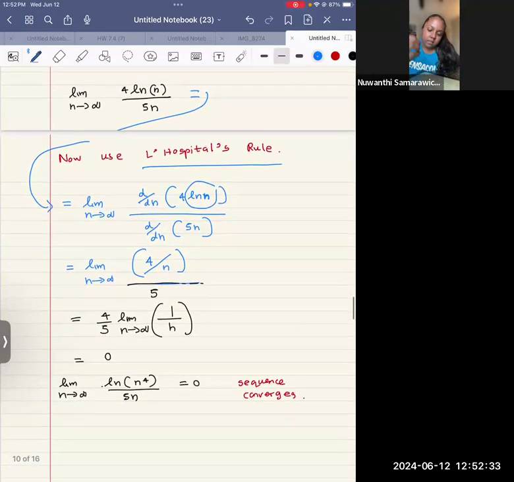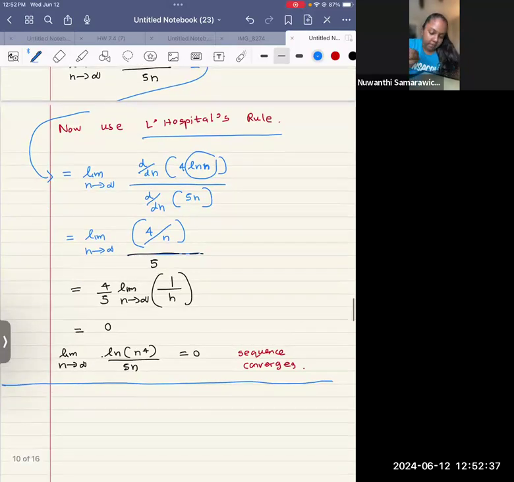Okay, so let's do another example. Because we used L'Hopital's rule here, can you all find whether this sequence converges or diverges?